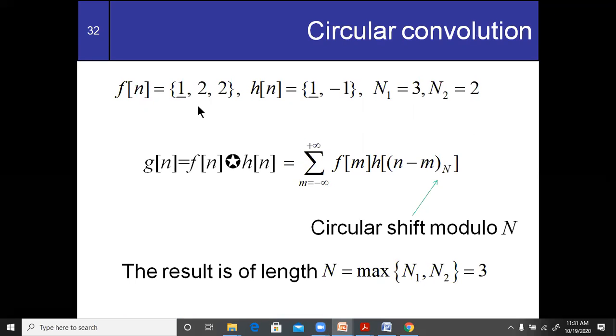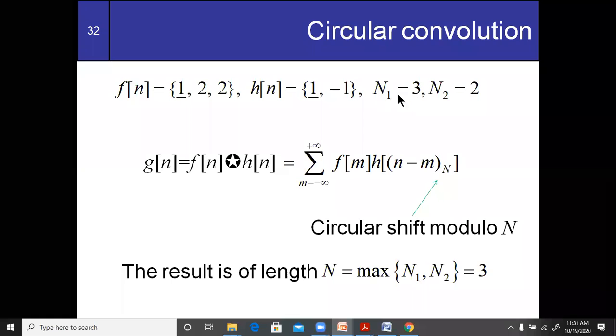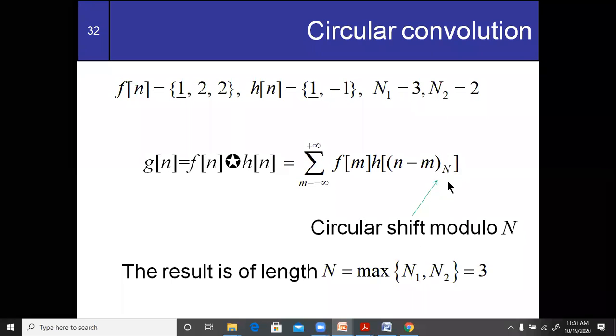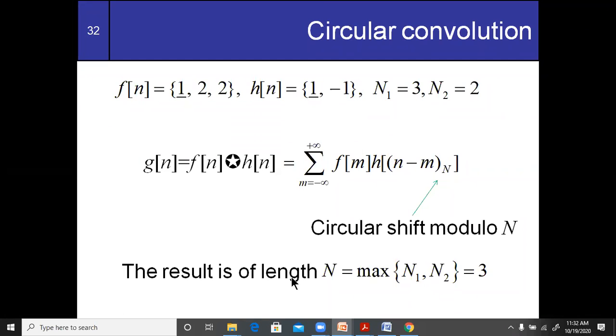So the circular convolution of this can be considered, with this 1, 2, 2, 1 minus 1, n1 equal to 3, n2 equal to 2. Then the circular convolution symbol is written like this, and we write here the modulo n, or circular shift modulo n, capital N. But the length of the result is n, where we'll have max of n1 comma n2.